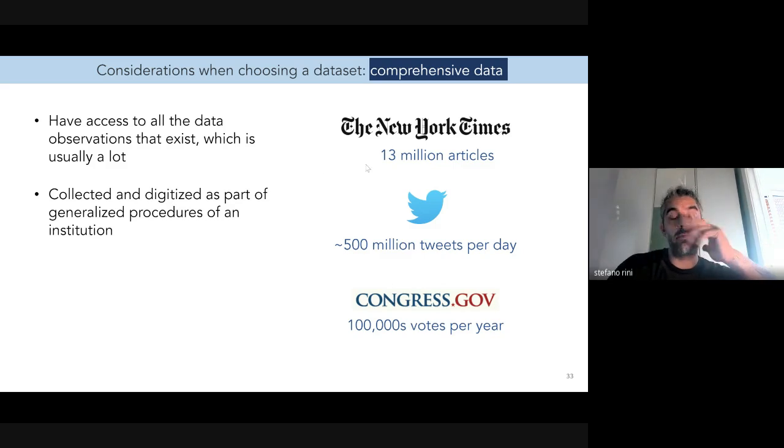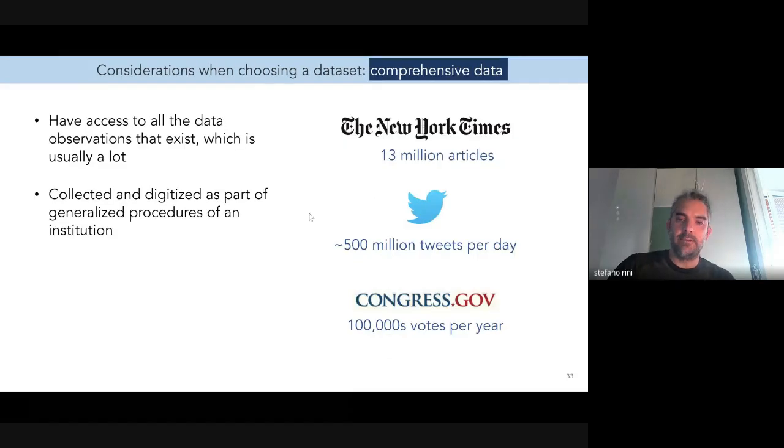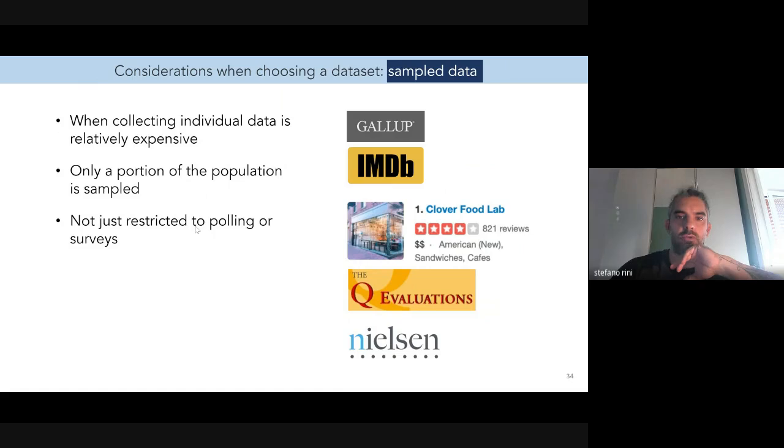So if you think about the New York Times, there is a lot of effort to cover all sorts of relevant information regarding an article. You don't expect the New York Times to make some factual mistake in the reporting of the data. But of course, when you look at Twitter, then Twitter is just a mess, right? There is no control of the information which is used on Twitter.